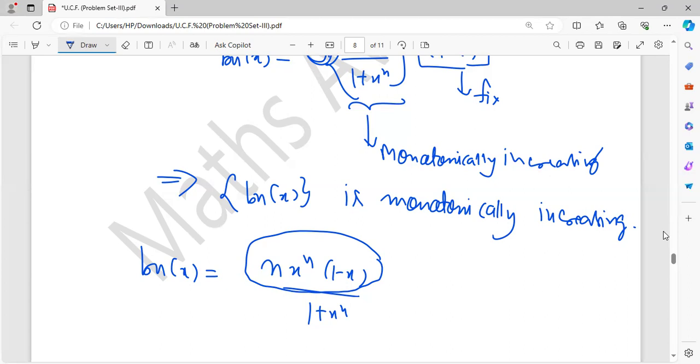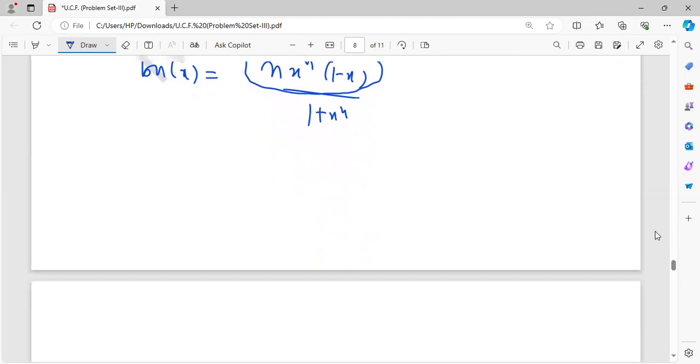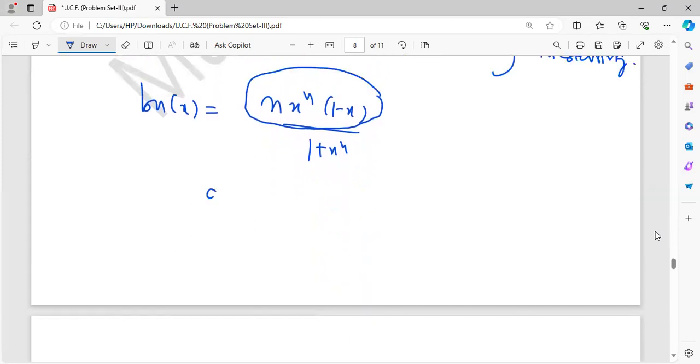I will skip x to the power n, and if this quantity is uniformly bounded, then the whole bn(x) will be bounded. Okay, so let's say gn(x) is n x to the power n (1 minus x). I will show that gn(x) is uniformly bounded.